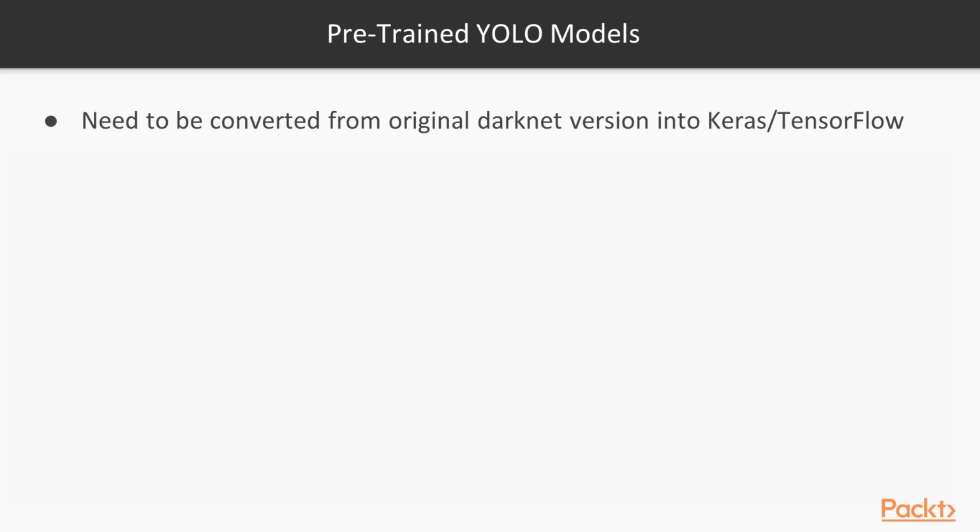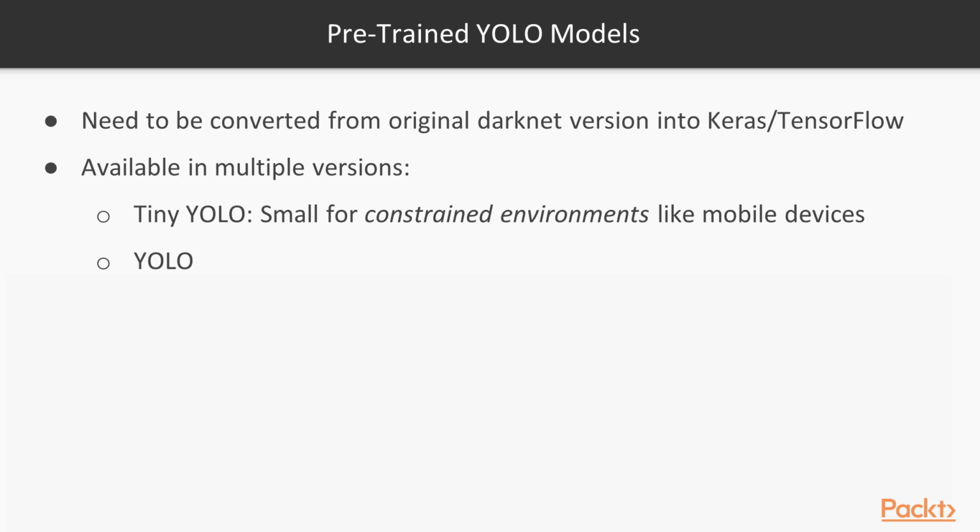When you want really fast detection with a small model, you can use tiny YOLO, which is a very small model designed for what we can call constrained environments like mobile devices. There's also the standard version of YOLO, which is pretty big, and it takes a bit more time to make the detection, and the model itself is pretty big as well.